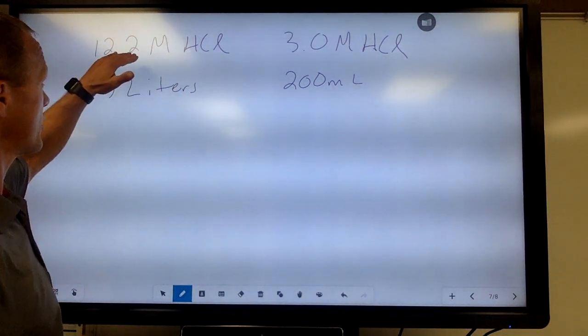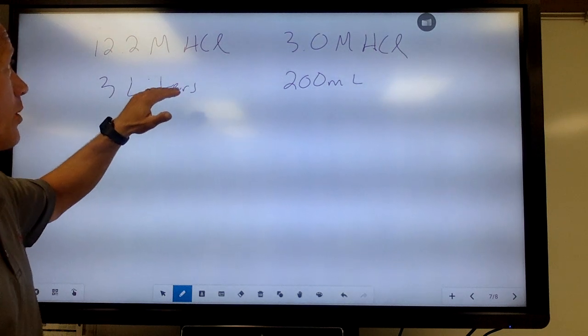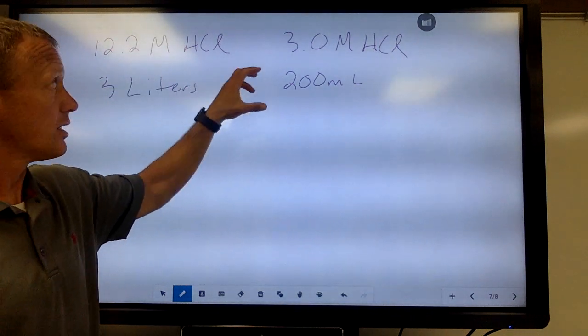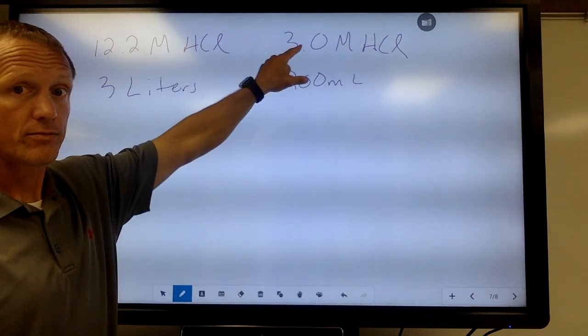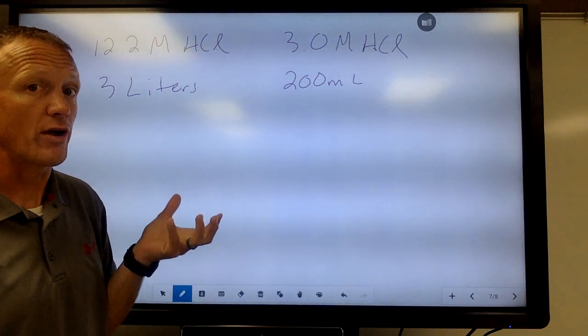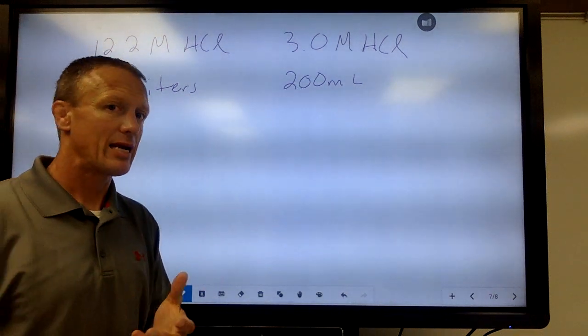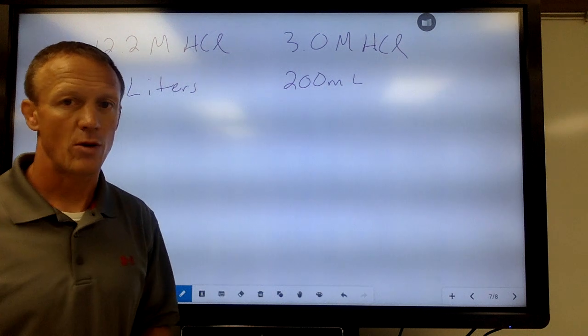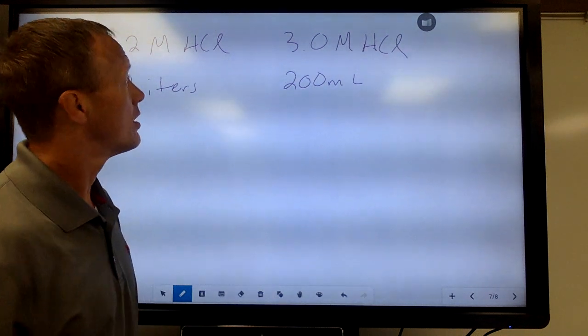So I've got this really concentrated HCl that I have a lot of. I want to take some of it and get it diluted to 3 molar. So obviously we need to put some water with our HCl. Remember, you always add acid to water, not water to acid, always alphabetical order.